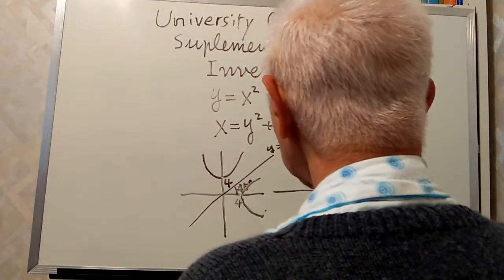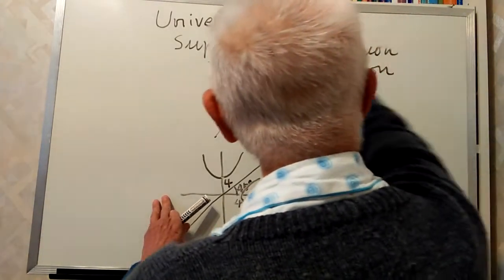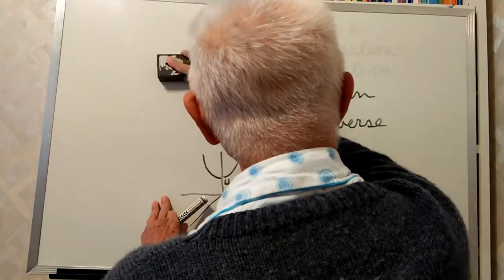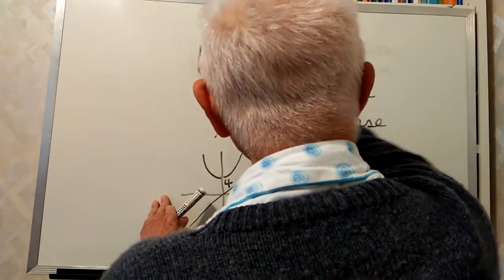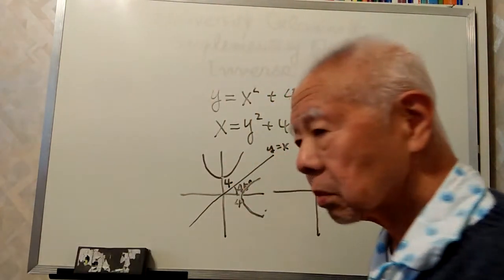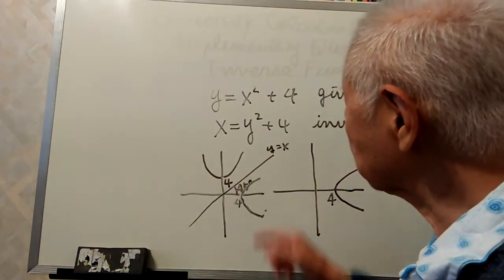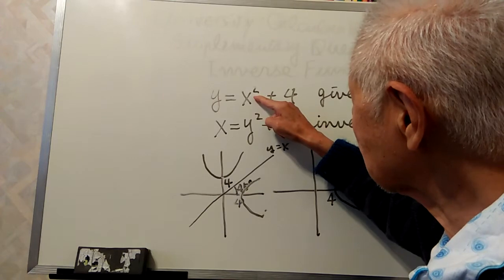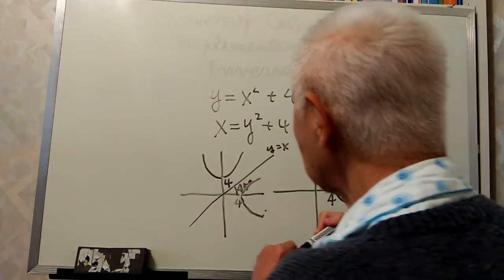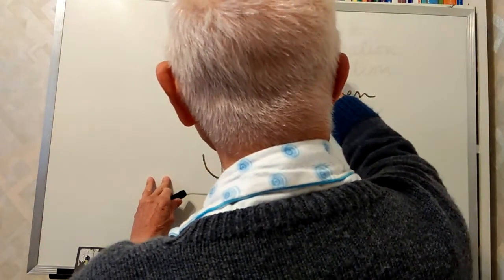So what is another way? Let's erase this. This another way says the first step is to do a reflection of this. Reflection in the x-axis. Okay. So let's have this.